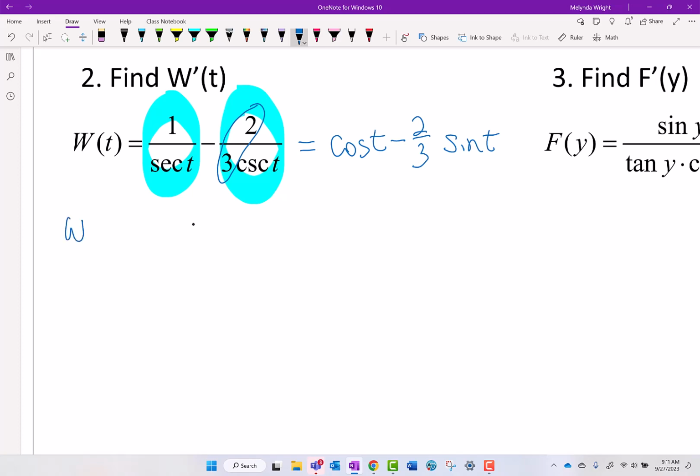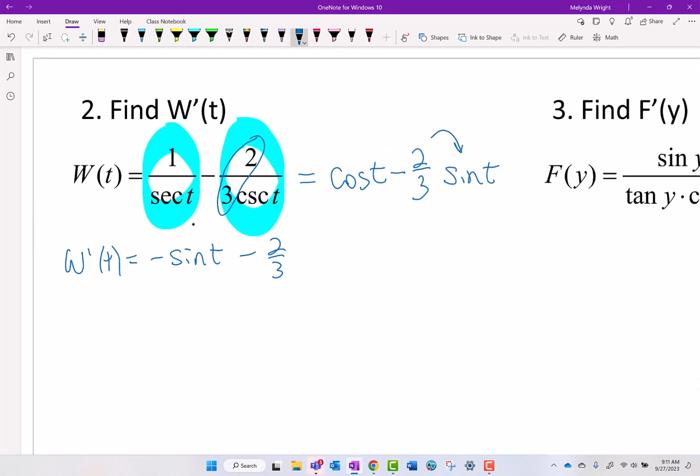So w prime of t equals. The derivative of cosine, we learned this a few class periods ago, is negative sine. I'm going to copy down the 2/3. This is not a product rule. Now, it is a product, and we could use the product rule, but that's going to be much harder.